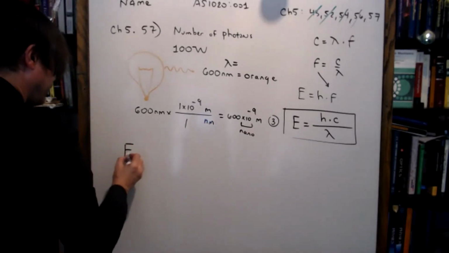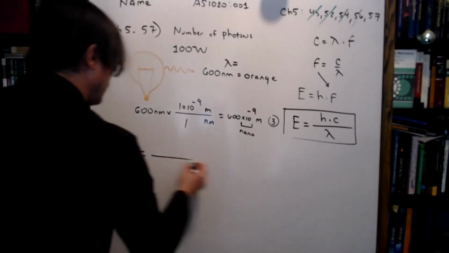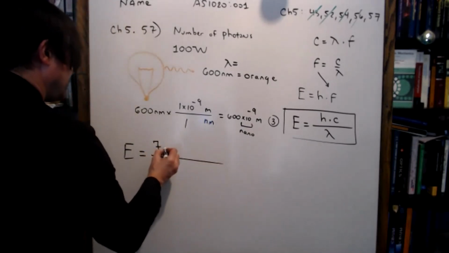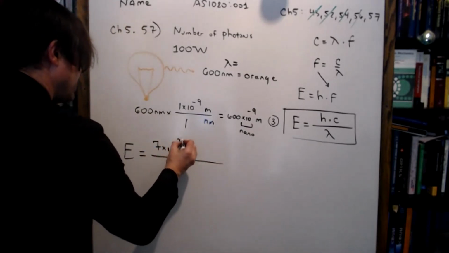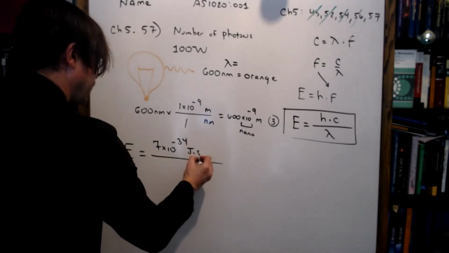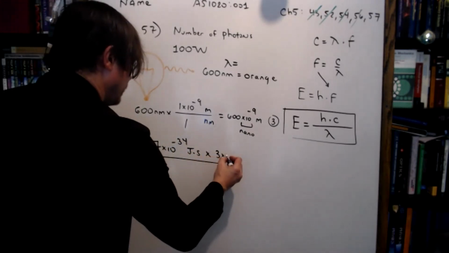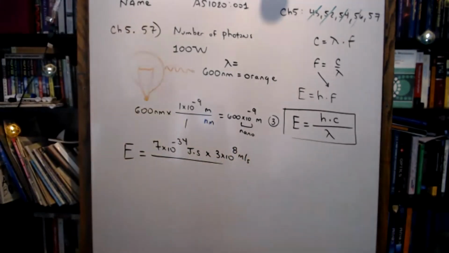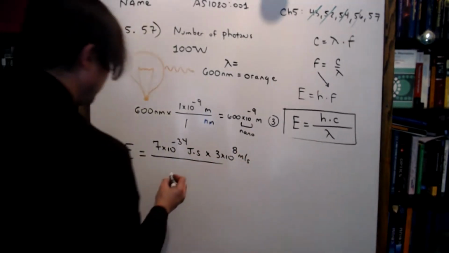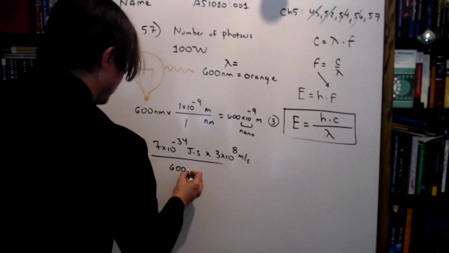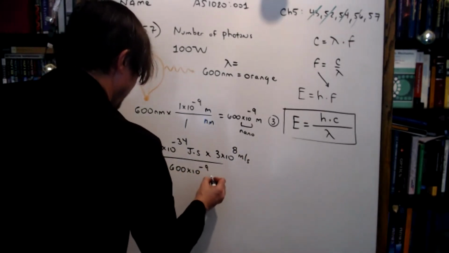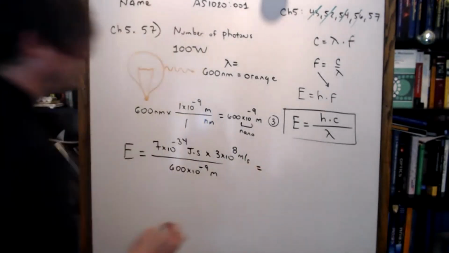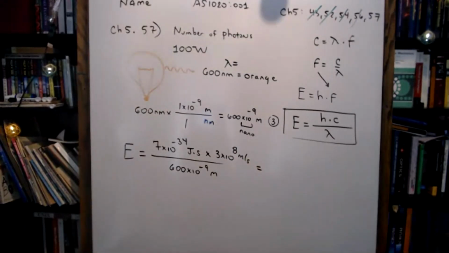Let's plug this into our energy formula. The energy is Planck's constant, 7 times 10 to the minus 34 joule seconds, times the speed of light, 3 times 10 to the 8 meters per second, divided by 600 nanometers. Punch them up.